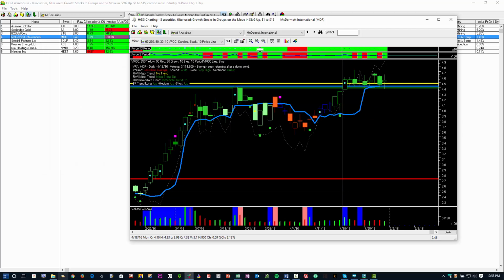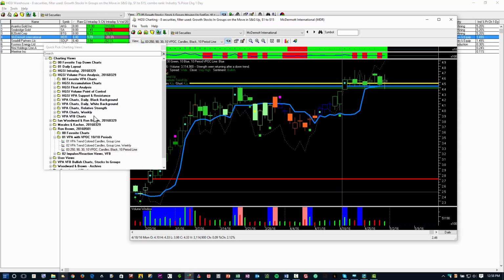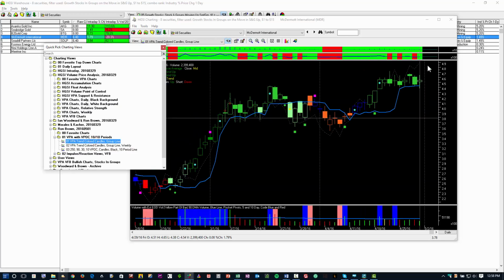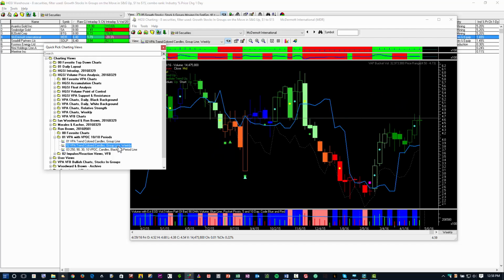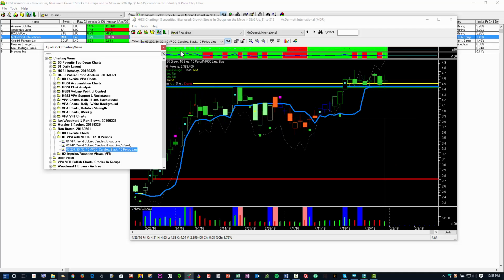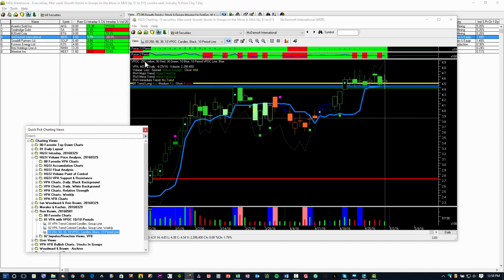Now, what's unique about this, the first two just have the 10 period volume point of control, and on the weekly also, but this has the 10 period volume point of control plus the 250, the 90, the 30, and here is the 10.